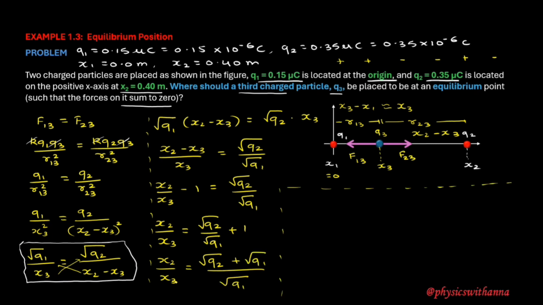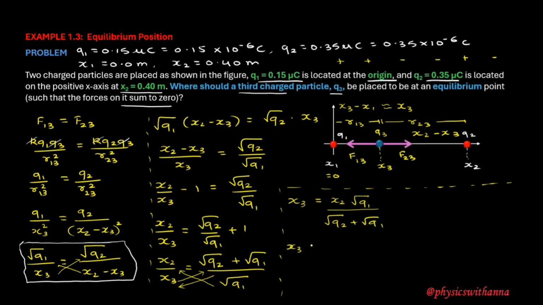Then we cross multiply to solve for x3. I will take x3 to the top here, bring root Q2 plus root Q1 at the bottom, and take this on the top here. So we get x3 to be equal to x2 root Q1 over root Q2 plus root Q1. Now substitute.